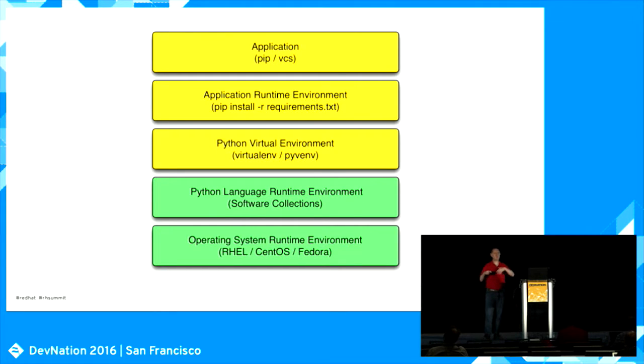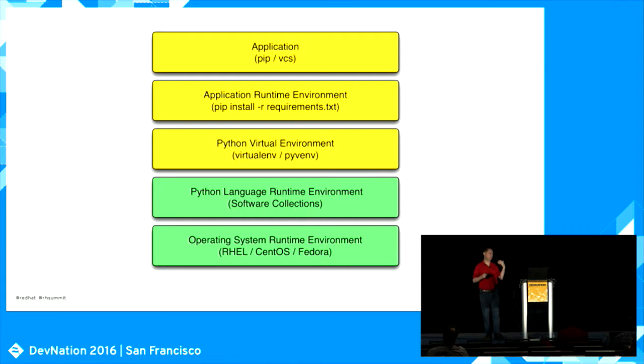And then at the very highest layer, you have your application itself. And the application itself, you can either choose to package using the Python native formats and install using pip as well. Or as the S2I builders in OpenShift work, you can say, I'm just going to install my application directly from source control and not actually turn that into a separately shippable binary at all.